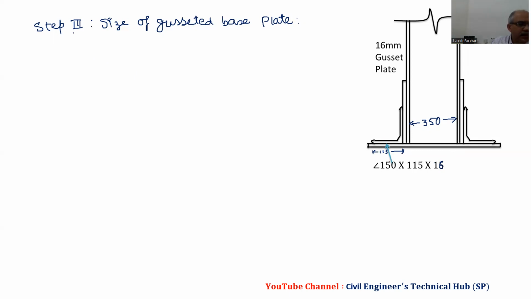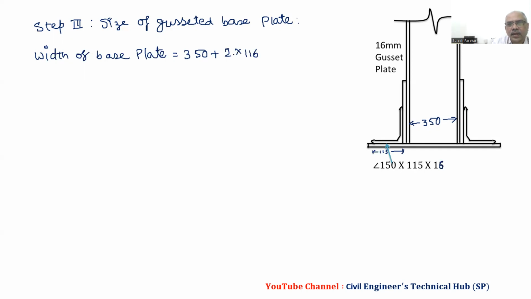Width of base plate equal to 350, this is depth of column, plus 2 into 116. This is angle, sorry. Then we have 2 into 16 millimeter thickness of gusset plate, so 2 gusset plates, one on each side, 16 millimeter. Then we have this angle 2 into 116.